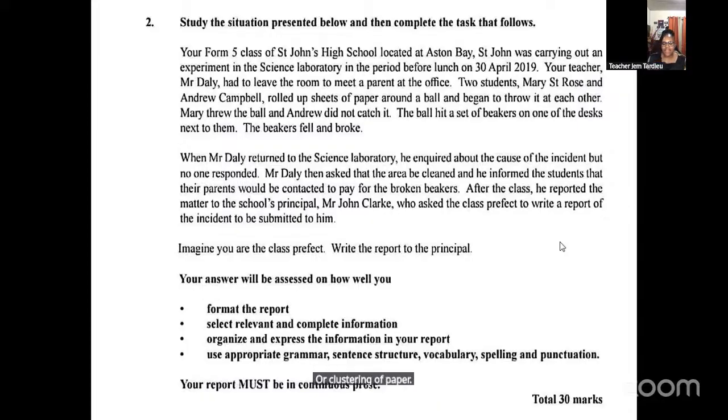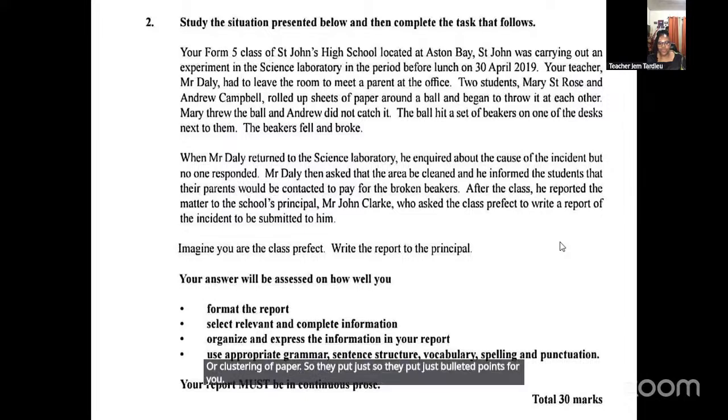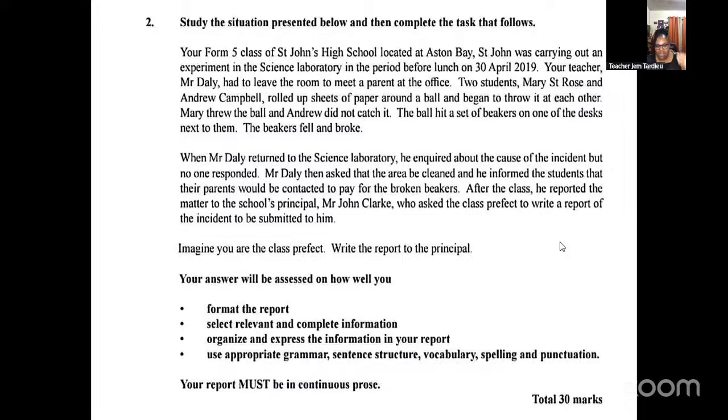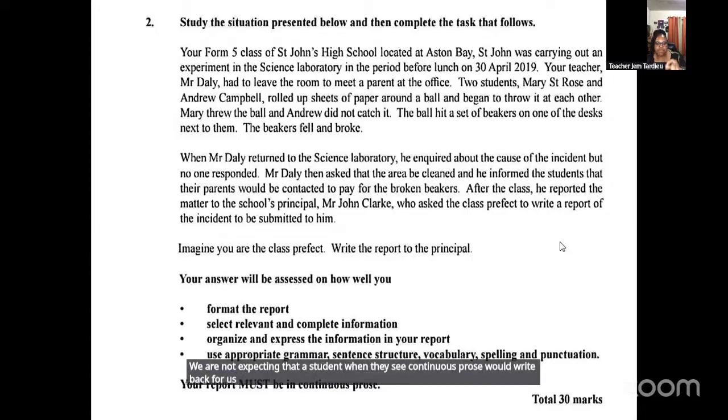So they put just bulleted points for you. We are not expecting that a student, when they see continuous prose, would write back bulleted points.